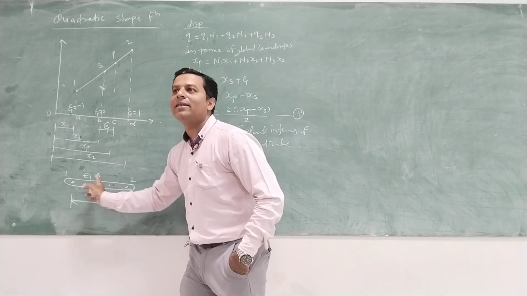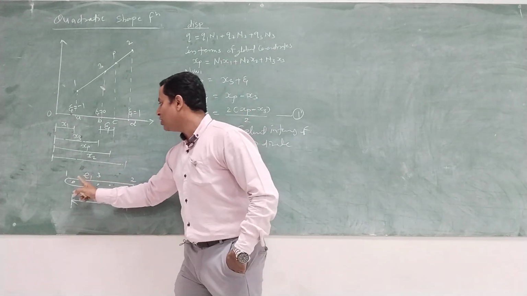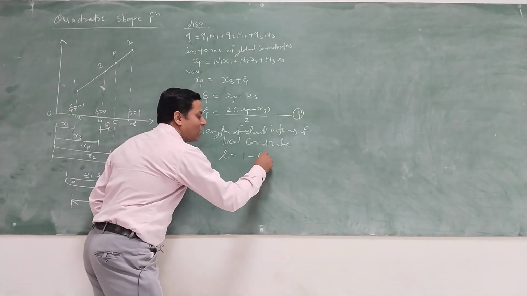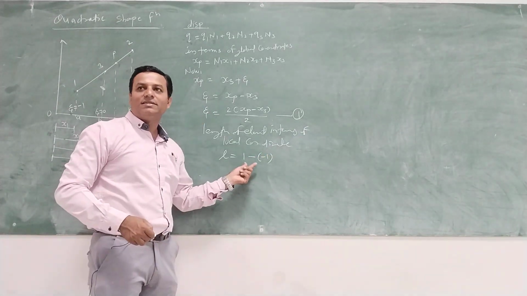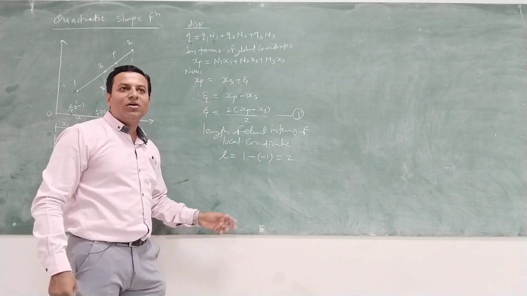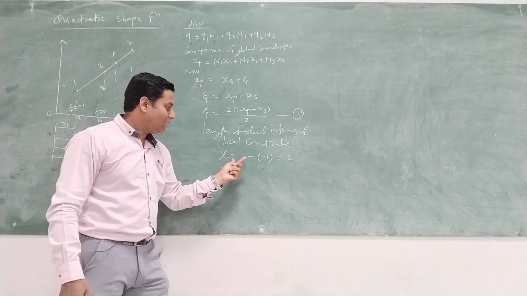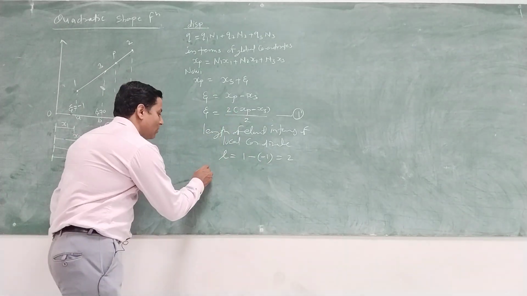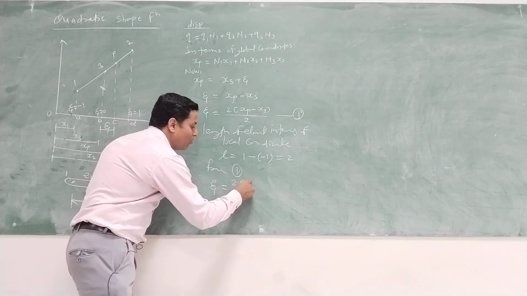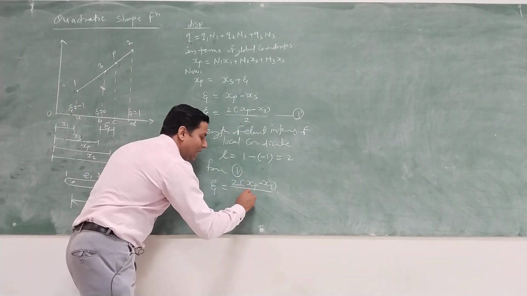What is zeta 2? 1. What is zeta 1? Minus 1. So 1 minus of minus 1, it is equal to 2. So the length in terms of local coordinate is 2. I'll put this term here. So from equation 1, zeta will be equal to 2 times xp minus x3, divided by L.